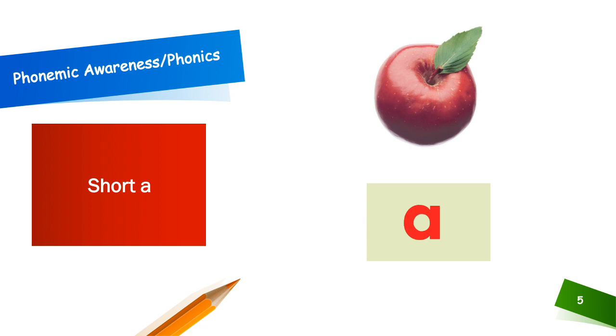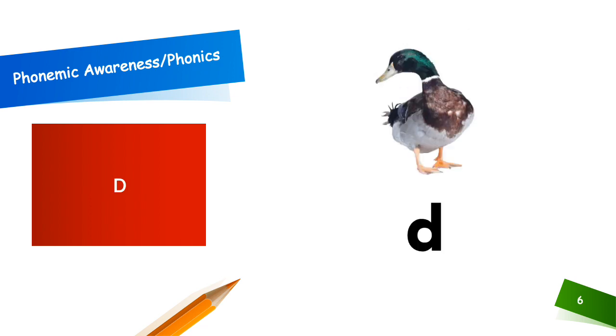Nice job. Here is the letter D, and we have a picture of a duck. Duck begins with the sound d. Can you say D, duck, d with me? Let's do it all together. D, duck, d.